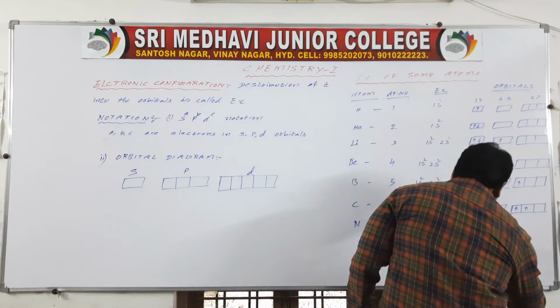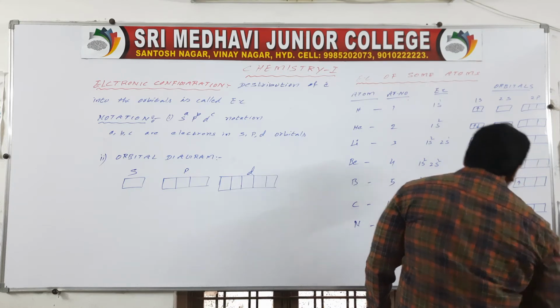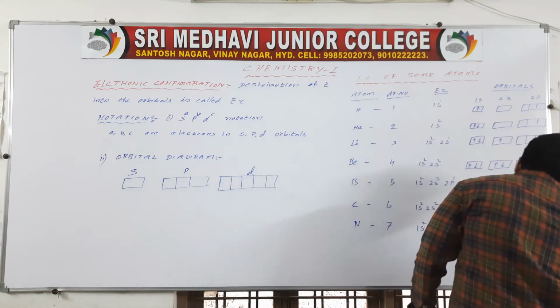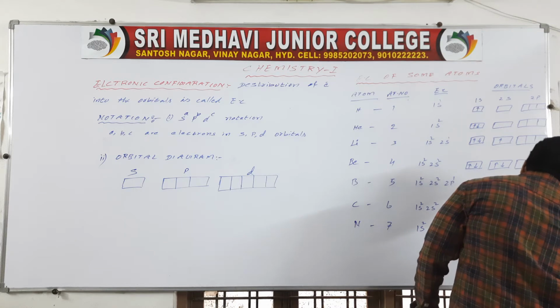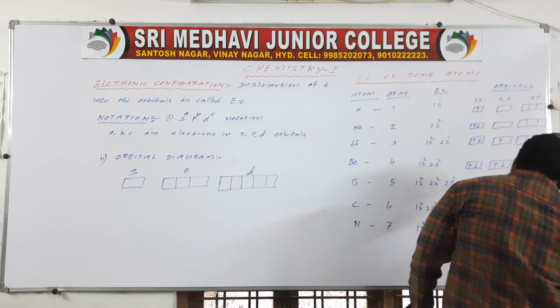How many electrons in 2s? 2. How many in p? 3: 1, 2, 3.